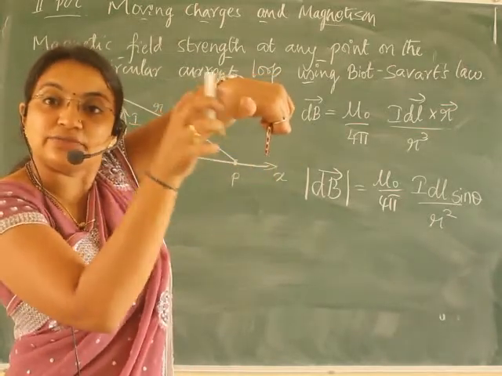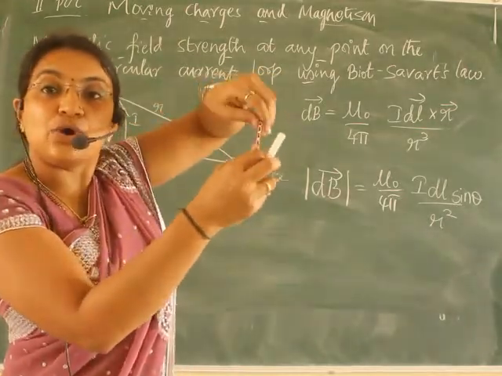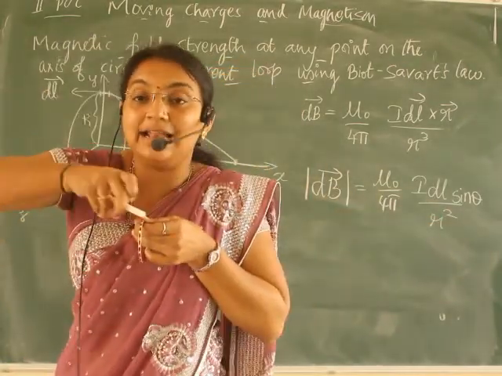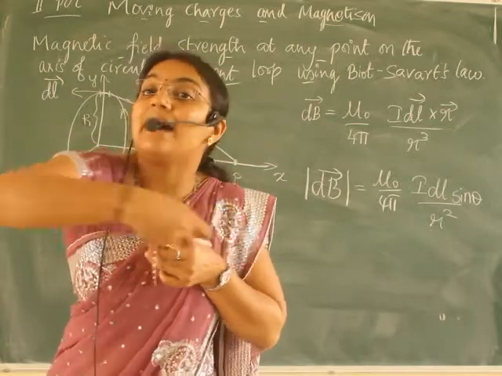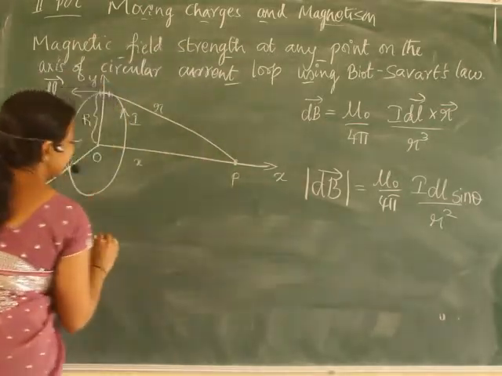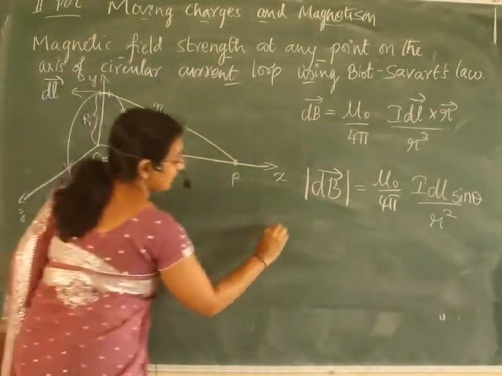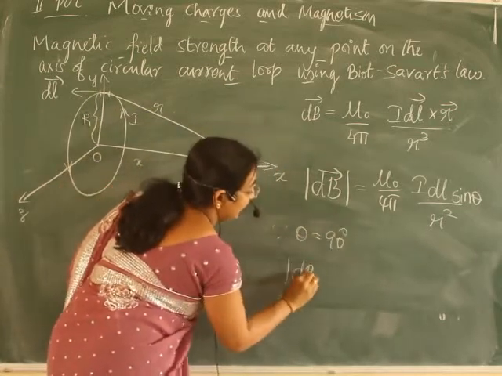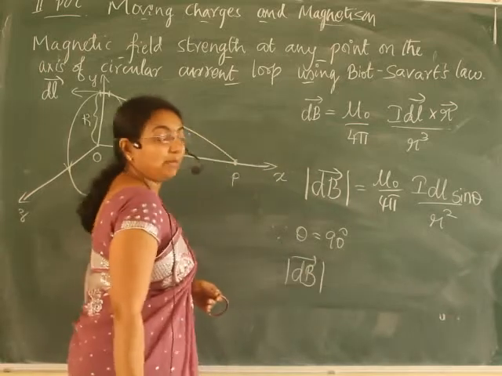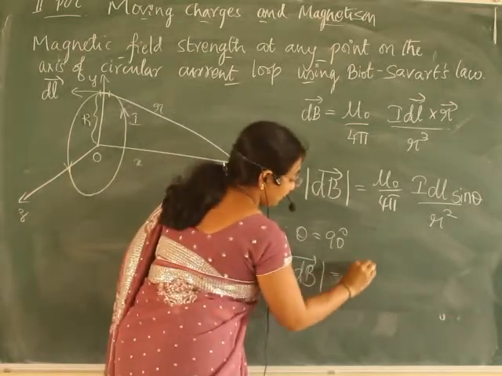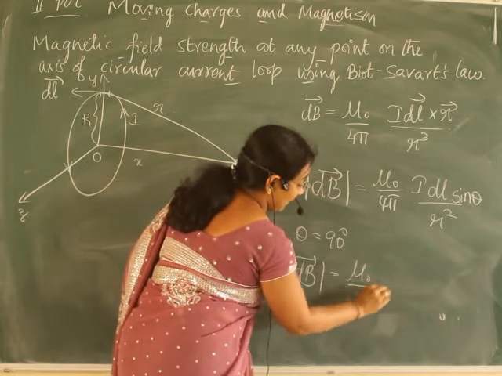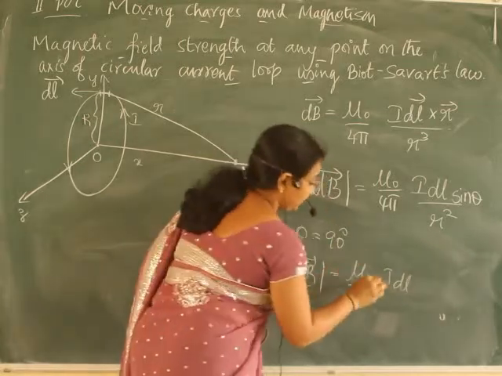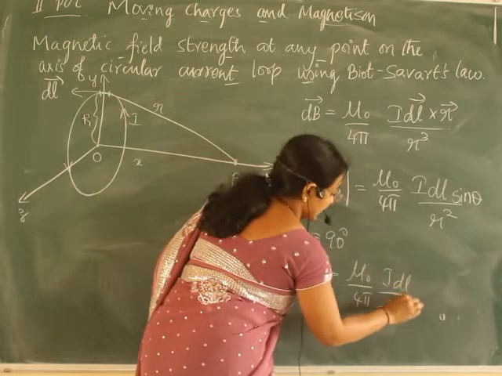This is the direction of the current, am I right? And this is the point. The angle between this element dl and r is nothing but 90 degrees. Since theta is equal to 90 degrees, what can I write? The magnitude of the magnetic field is equal to mu naught by 4 pi I dl sine 90, which is 1, divided by r square.